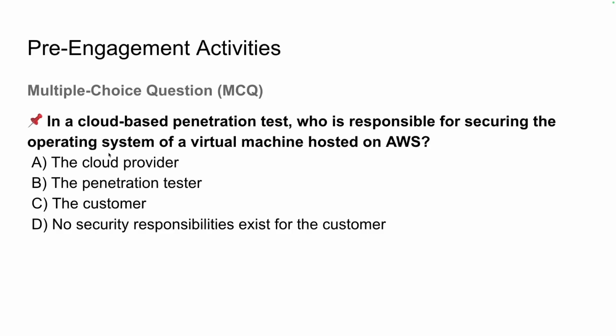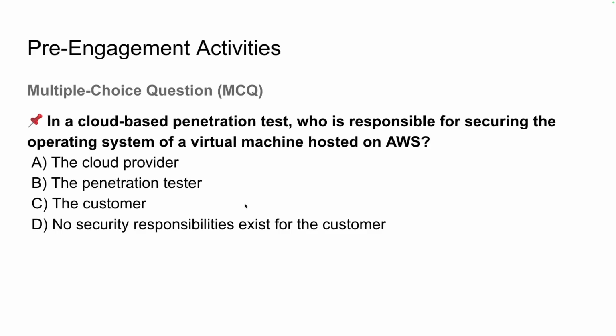So the cloud provider, pen tester, customer, security responsibilities. Okay, so it's definitely not D because there is security responsibilities. The customer, securing the operating system of a virtual machine hosted on AWS. It's kind of a tricky question because it's also the cloud provider and the pen tester and the customer.